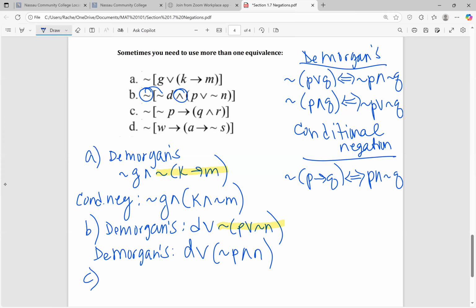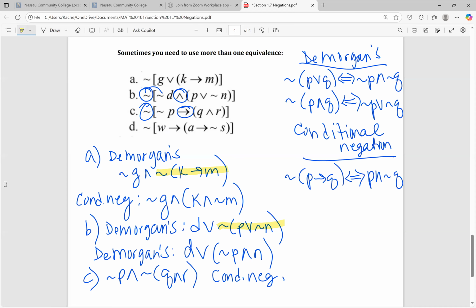For C, look, we're negating a conditional statement now. So we're going to use the conditional negation. So remember, leave and negate. So we're going to have not P, and now let's negate the right-hand side, which is Q and R. So we're going to have not P and not Q and R. So this was the conditional negation equivalence.